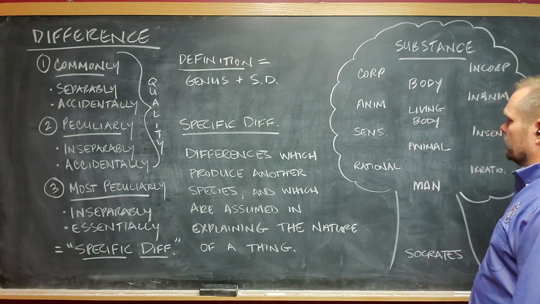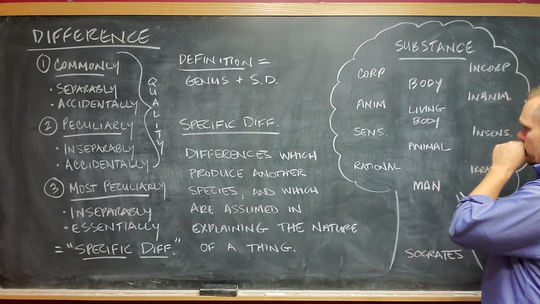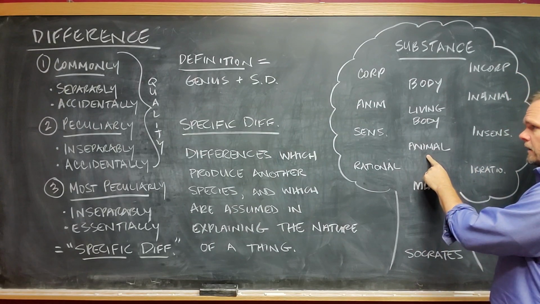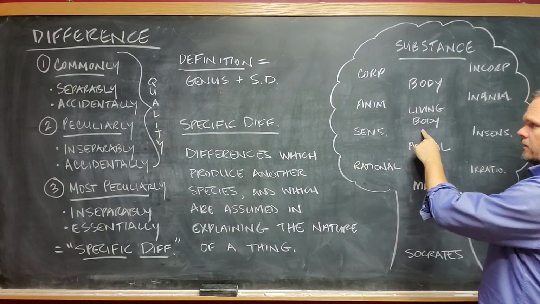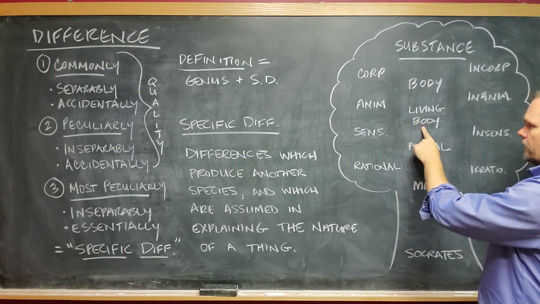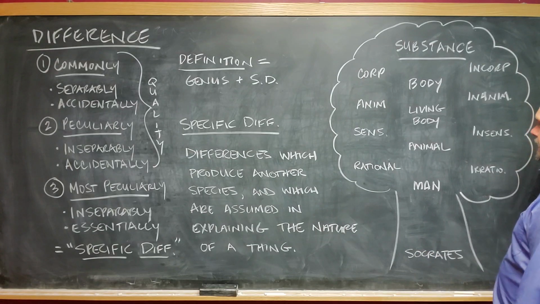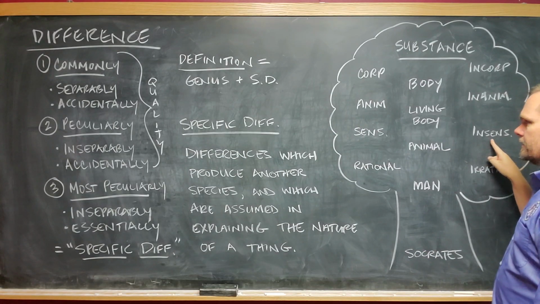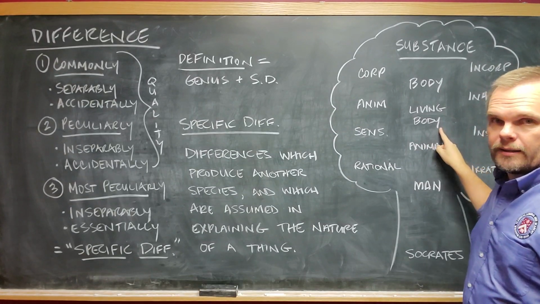To give another example, I could say an animal is a sensitive living body. And I could say a plant, which is not on the diagram, a plant is an insensitive living body.